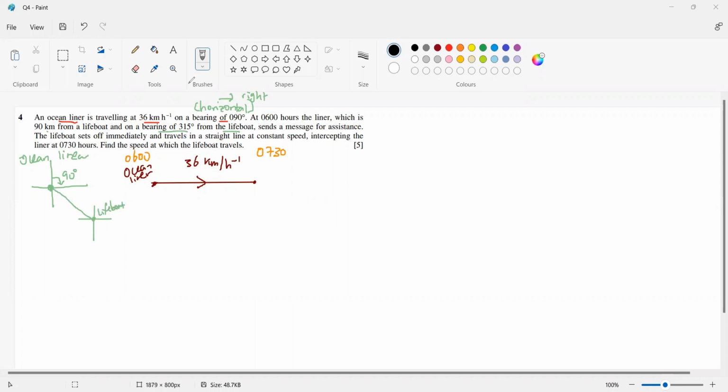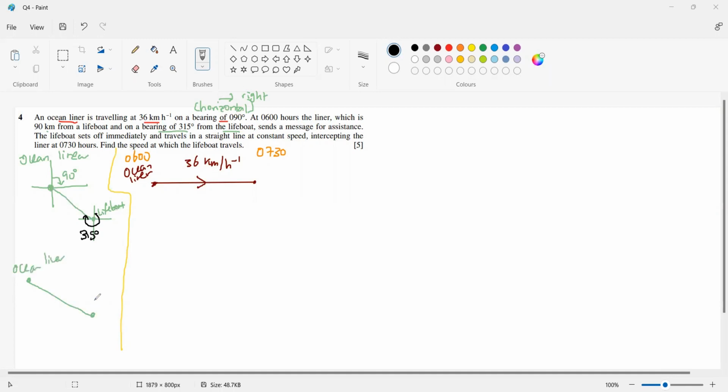Please take note, the 315 is measured again from the north, all the way until here. This is 315 degrees. If I modify the diagram so that it's a bit easier to see down here, the ocean liner is this dot and the lifeboat is this dot.